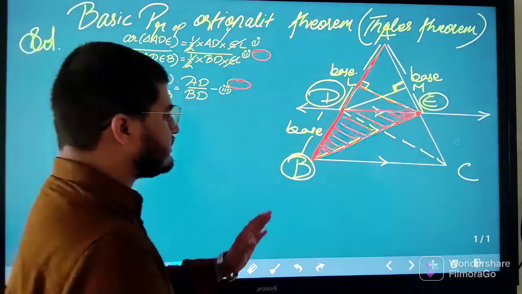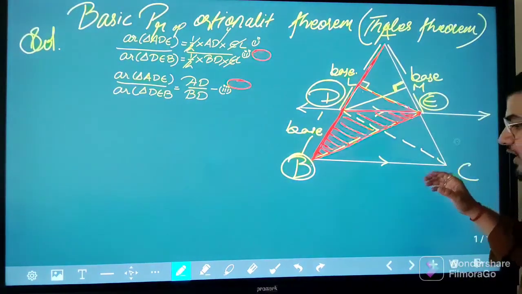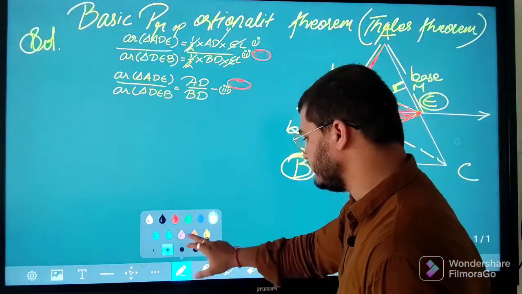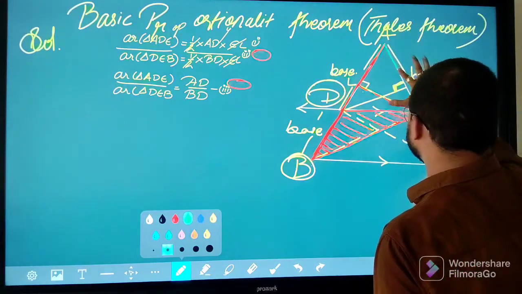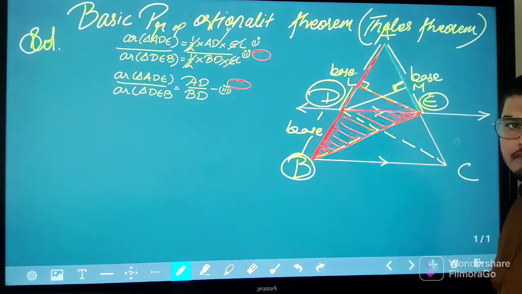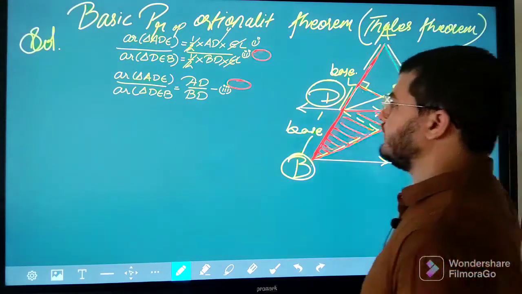Now observe the same triangle from the right side. So from the right side, if you are taking this side as the base, base is what? AE.